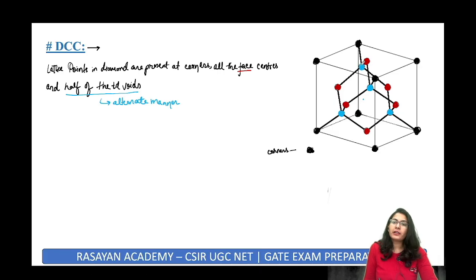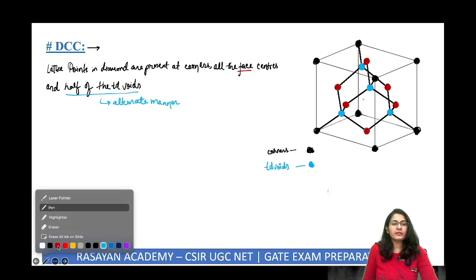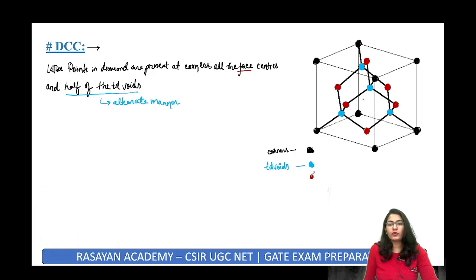Half of tetrahedral voids. Alright, so the blue ones over here, these are the tetrahedral voids, and the red ones, those are the FCC, face centered points. Alright, so this is how the diamond lattice is present.